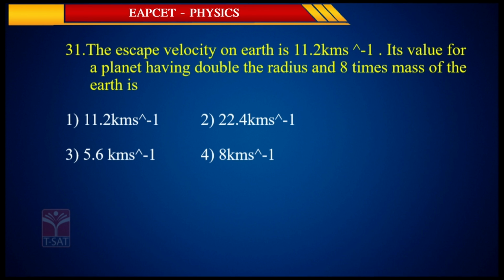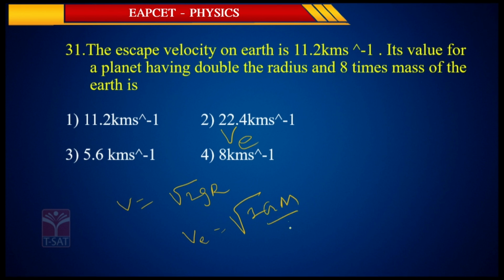Escape velocity V is equal to root 2 g R, and that is also escape velocity is equal to root 2 G M by R. Suppose you take that one planet, the same formula you apply. Here Vp is equal to under root of 2 G M by 2R.